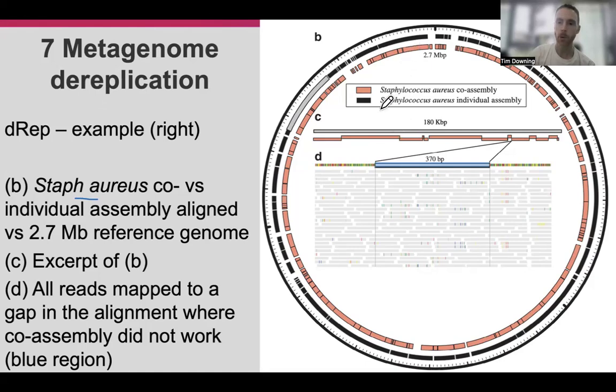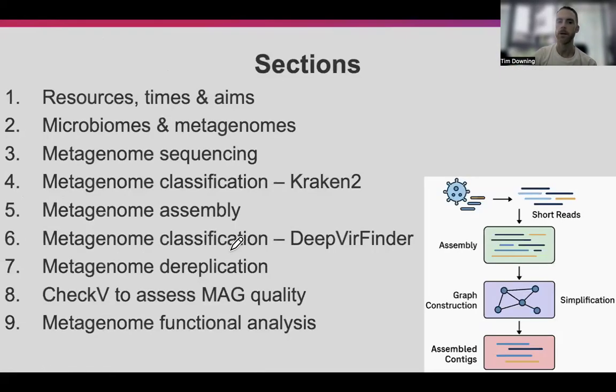Inside C, we have a portion of our wider diagram B, where we see the gray contig, that stretch, and a portion of the orange co-assembled one. We have a zoom-in shot where we can see that we can remap the reads back to a gap in the alignment where the co-assembly did not work. So co-assembly is pretty good, but we can also find diversity within there.